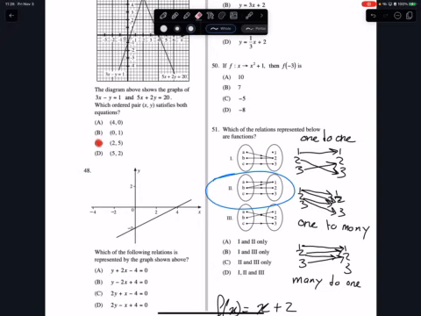Everyone is going to CAPE. If you don't go to CAPE, no college will accept you. I will already send a letter. I already have your names and IDs, so they will not accept you in college. You're obligated to go to CAPE.